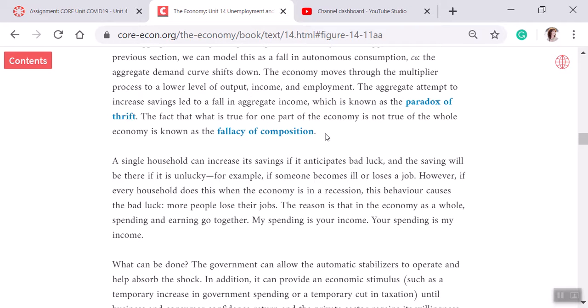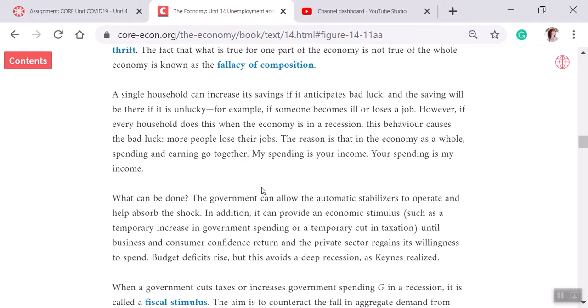All those are going to be fluctuating and growing and shrinking at different rates. A single household can increase its savings if it anticipates bad luck, and the savings will be there if it's unlucky, but if the economy is in a recession, it could cause the bad luck, right? People to lose their jobs. That's what we just talked about.